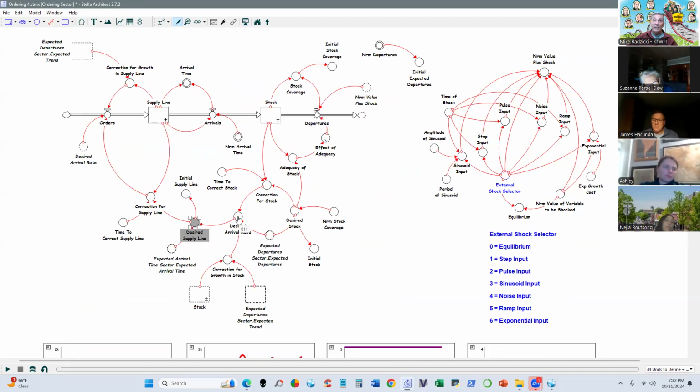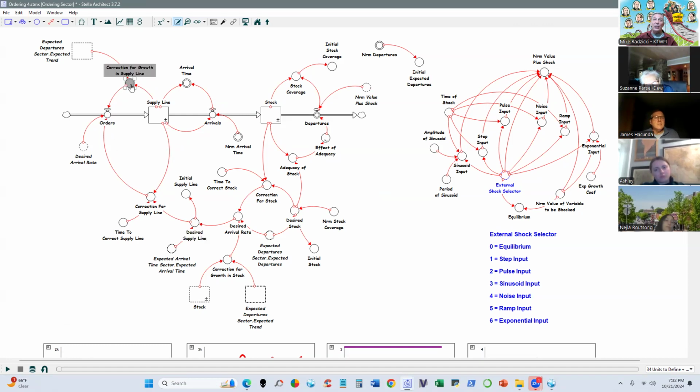Given my expectation, correction for growth, correction for stock, this is what I want this arrival rate to be. But here's how long I think it's going to take. This is what I want in here. Then you correct your supply line for that.